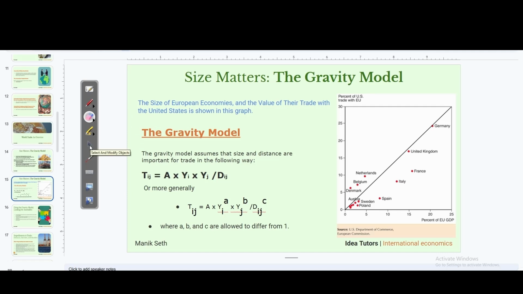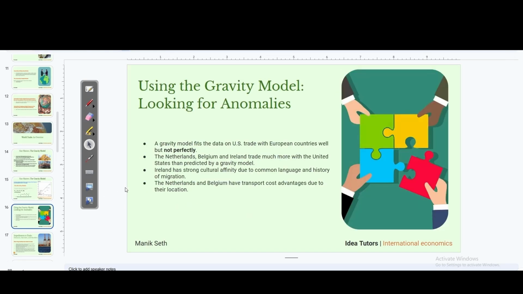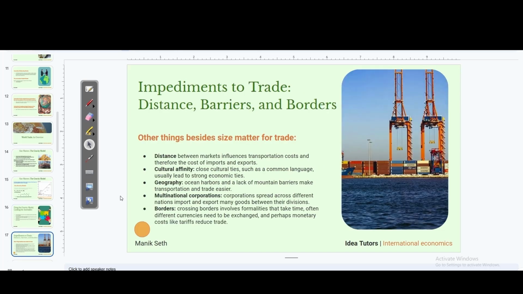Despite the model's accuracy with the inverse relationship with distance and positive relationship with size, in many cases there are some exceptions, as I have told you. The prediction is never perfect. There are other reasons also that impact trade besides distance.